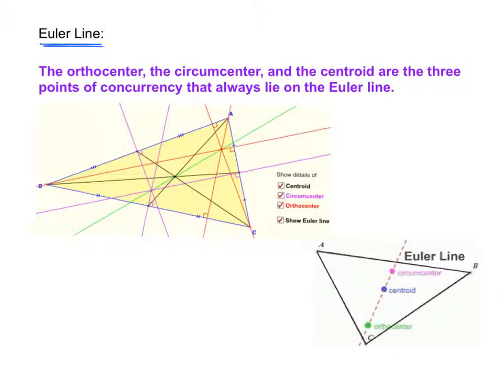It's called the Euler line, and the orthocenter, the circumcenter, and the centroid always lie on it, regardless of the shape of the triangle. As you can see in this picture, we have the orthocenter here, the centroid here, and the circumcenter here, and they lie on this green line right there. And same with this triangle, they always lie on that line.